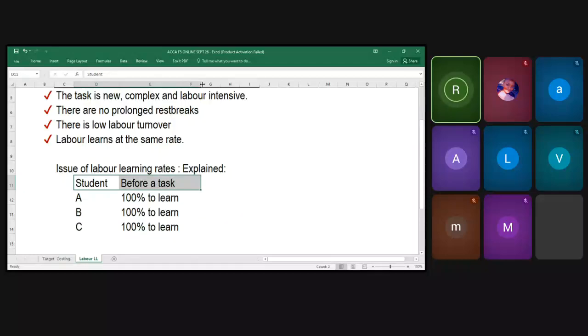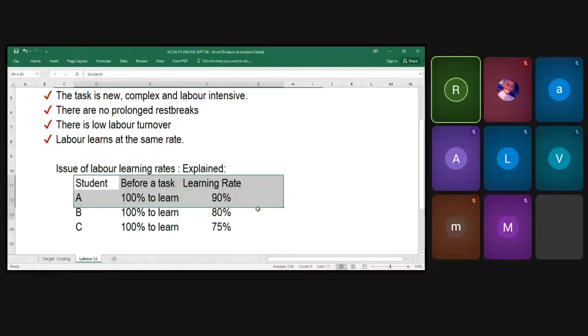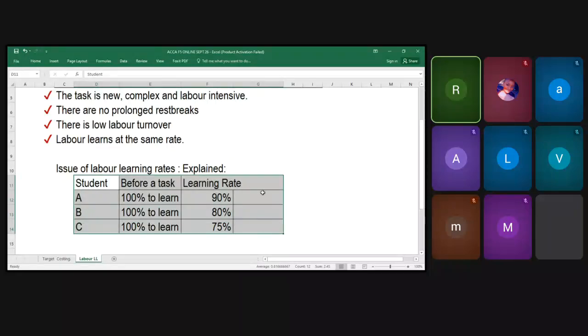Then let us look at the learning rate. The learning rates of these students are different. Student A has a 90% learning rate, B has an 80% learning rate, and C has a 75% learning rate. What is important now is to consider the time saved by each student.